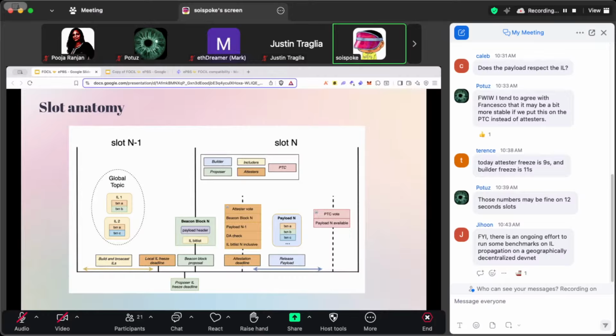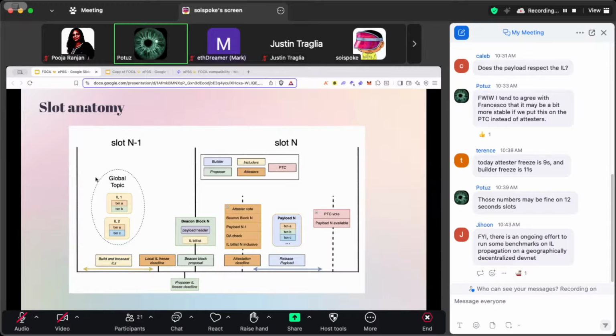We fixed it at I think 9 and 11, so it's like 2 seconds. Maybe that's actually too high. Maybe you don't need 2 seconds to make sure a proposer will have seen all the ILs, because I'm not worried about that part of the propagation. The other part is the one that I'm worried about, from 11 to 0.